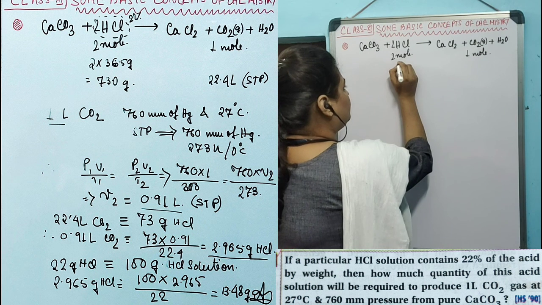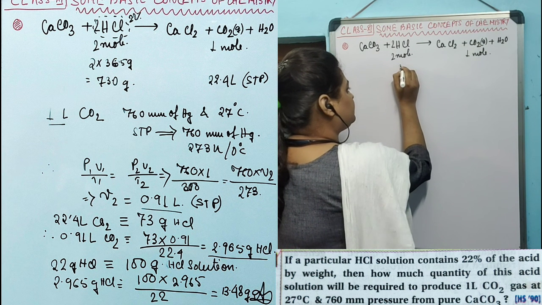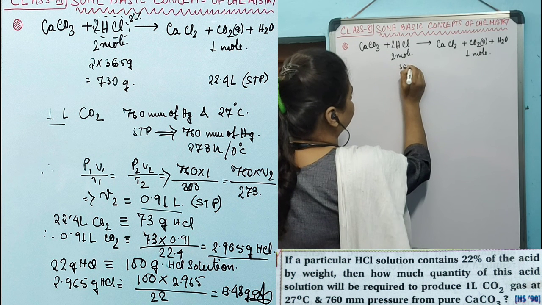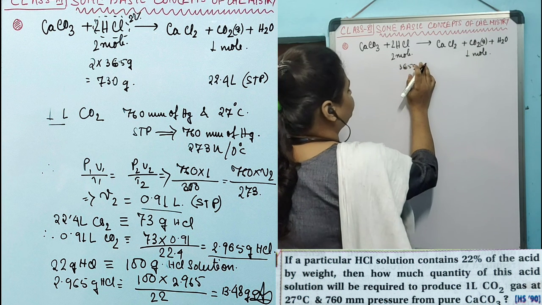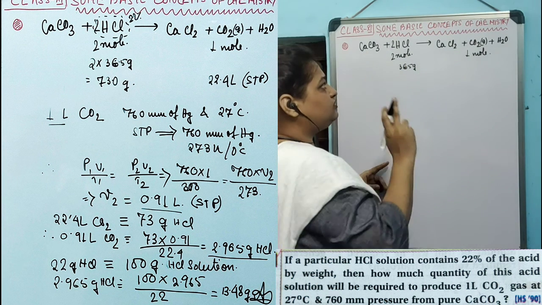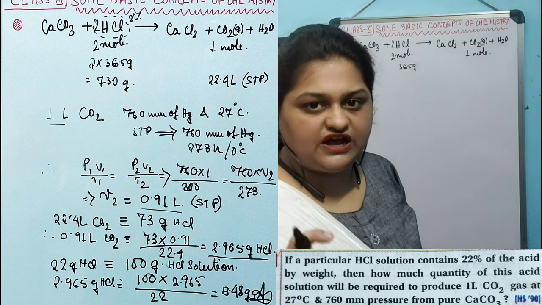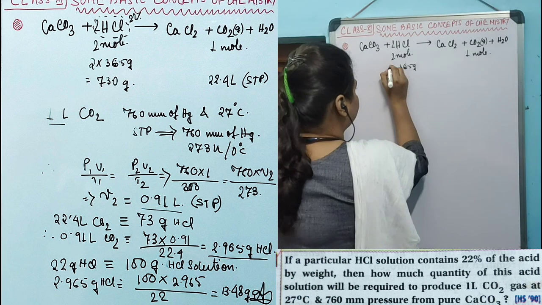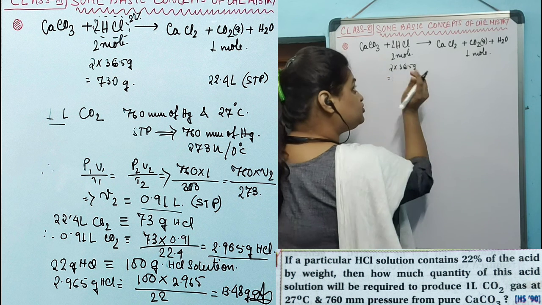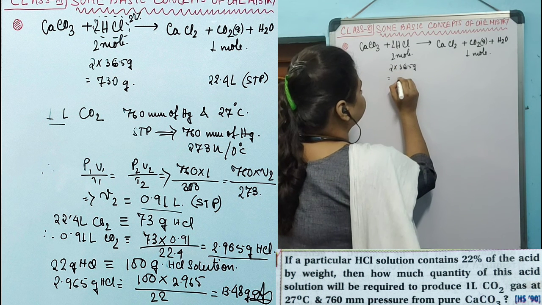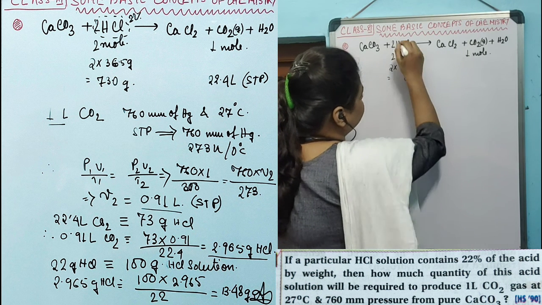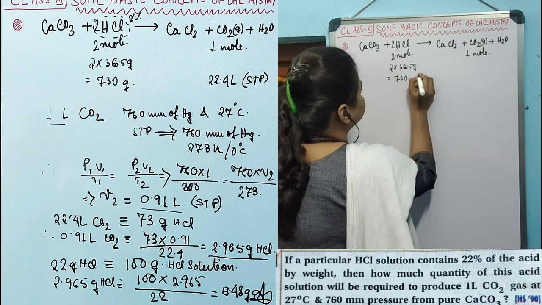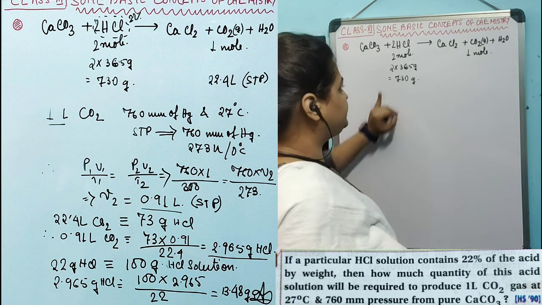Now, molecular mass of HCl is 36.5 gram per mole. Now, 1 mole HCl mass is 36.5 gram per mole. We needed 2 mole of HCl. Therefore, the mass of the HCl that will be reacting in this particular reaction is 73 gram of HCl.